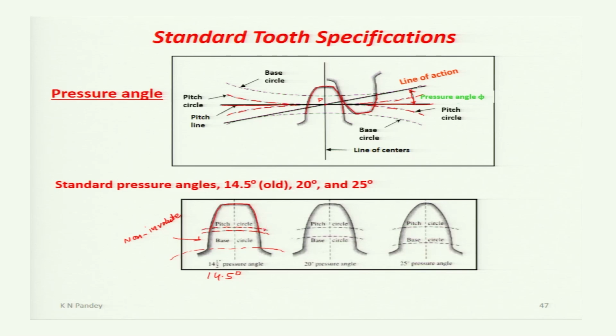So, there is a very small difference between the pitch circle and the base circle, and we are getting more depth of gear tooth which is non-involute.